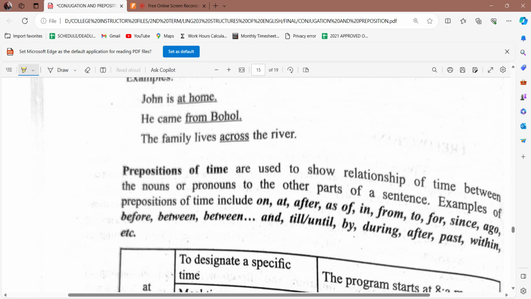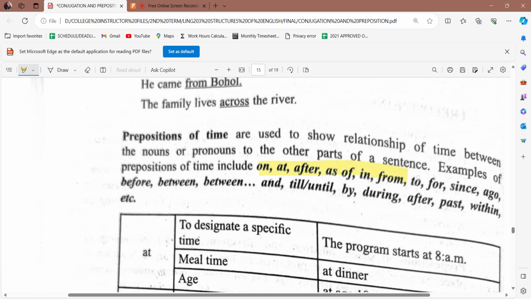Prepositions of time are used to show the relationship of time between the nouns or pronouns and the other parts of a sentence. Examples of prepositions of time include on, at, after, as of, in, from, to, for, since, ago, before, between, and, till or until, by, during, past, within, and many more.